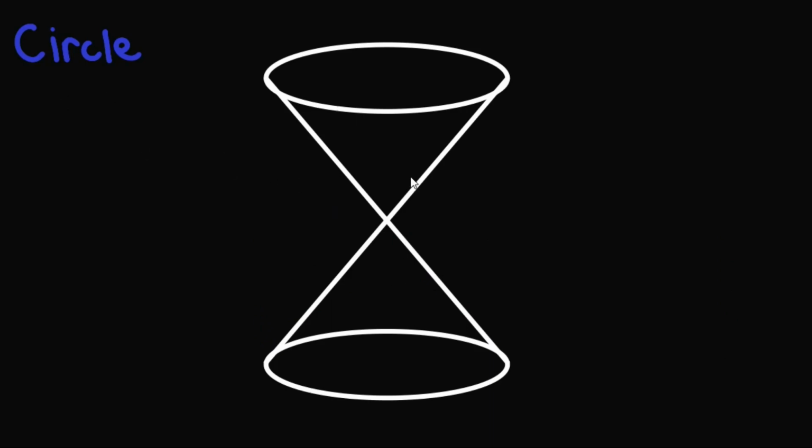Now, what if instead of parallel to the base, we make it parallel to the generator? That would look something like this. Let me try to make this look nice.